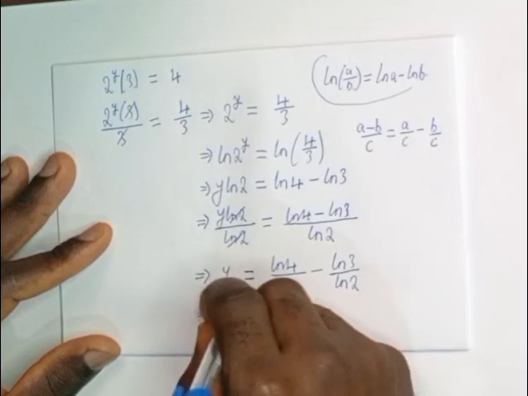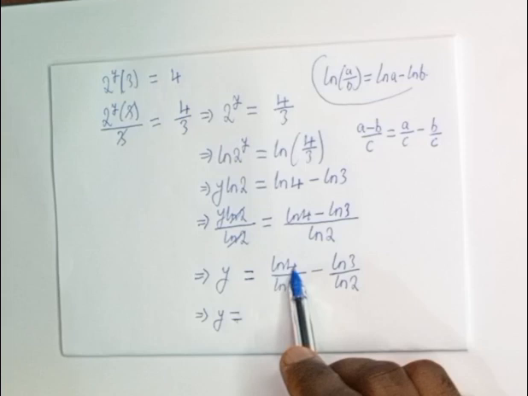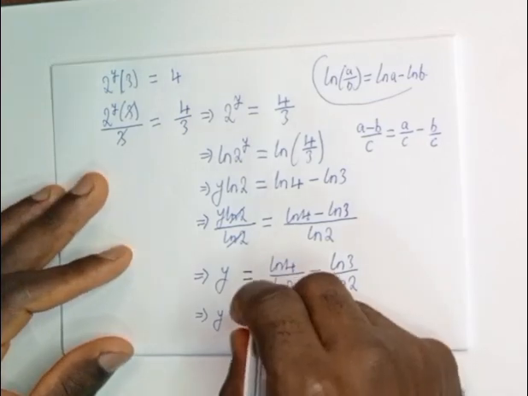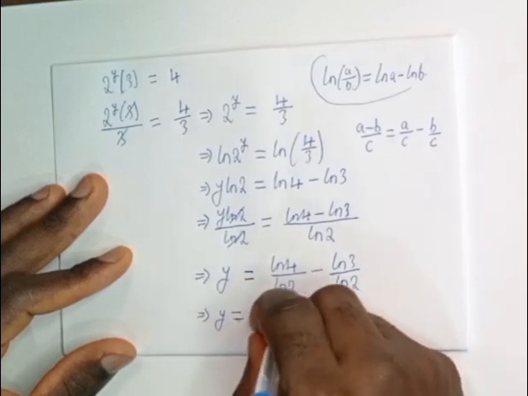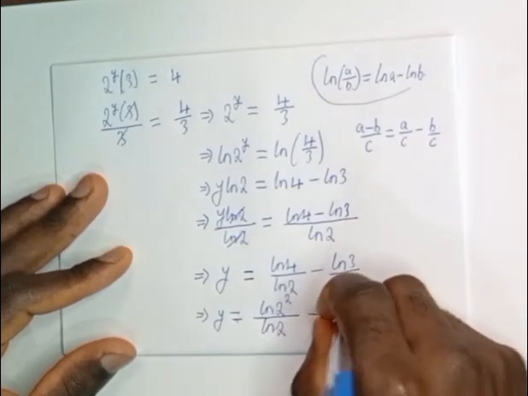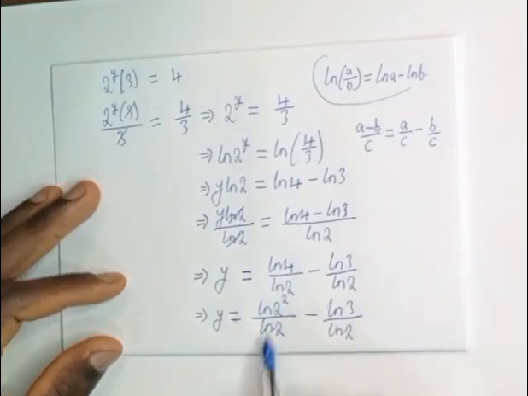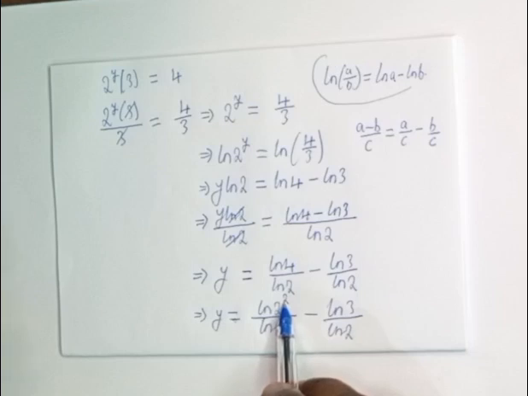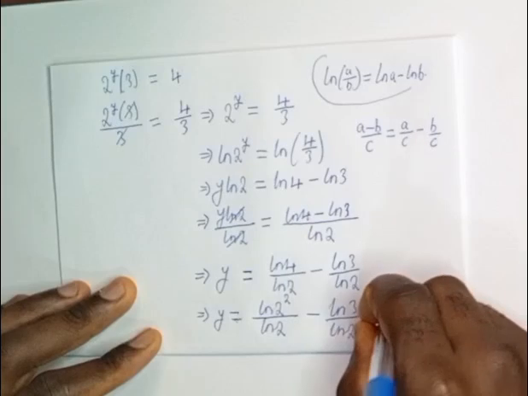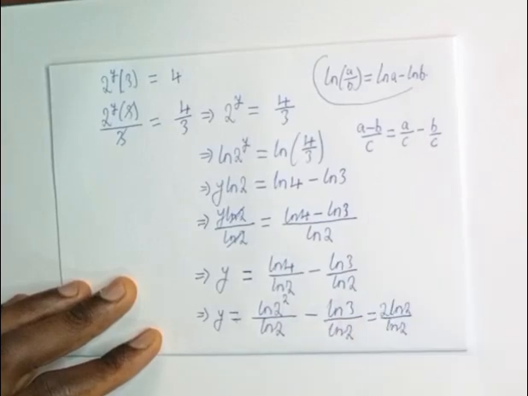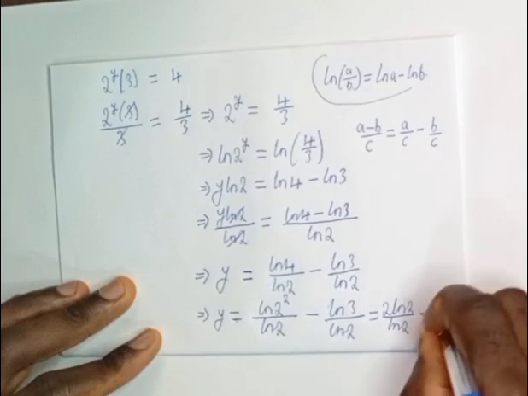Then our y will simply be equal to, remember 4 can be written in index form with 2 at the base, and this will simply give us the ln of 2 raised to the power 2 all over the ln of 2 minus the ln of 3 over the ln of 2. Applying the law of power at the numerator, this will give us 2 ln 2, and this will equal 2 ln 2 divided by ln 2 minus ln 3 divided by ln 2.